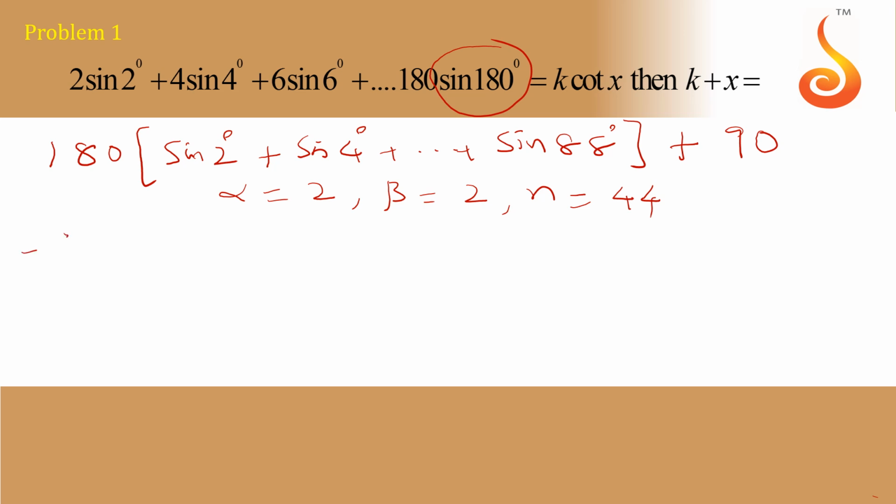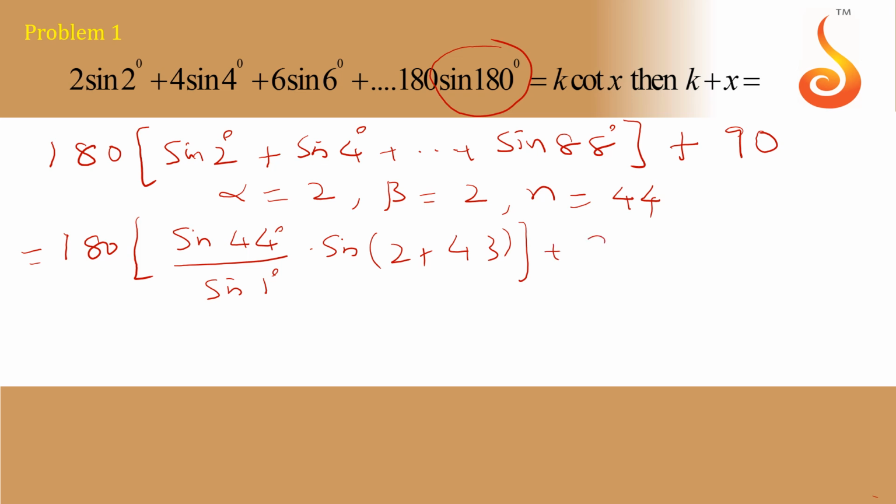So you will get 180 times sine n beta by 2, which is 44 degrees, by sine beta by 2, that is sine 1 degree, into sine of alpha plus n minus 1 into beta by 2, that is 43 plus 90.